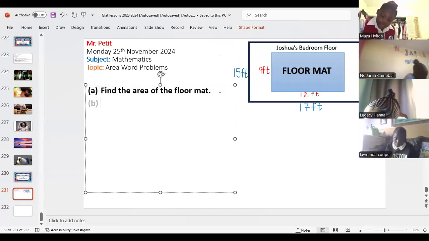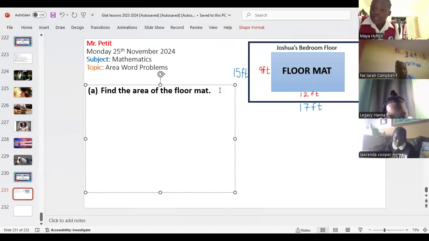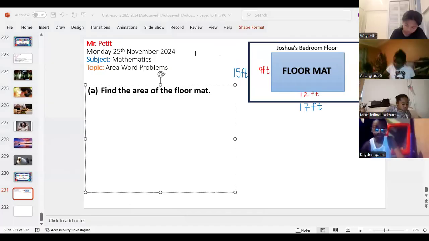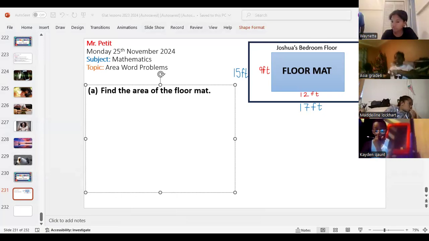Mr. Petit, the area is everything that is in the box? Yes. So the area. Excuse me. Go ahead. Wait, does area mean like L times W? Yes, very good. So the area is going to be length times width.